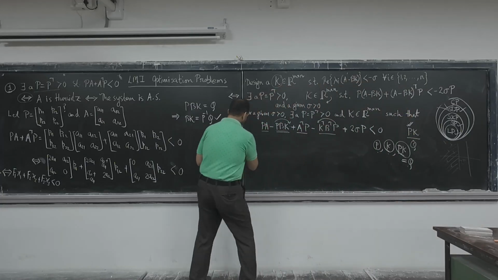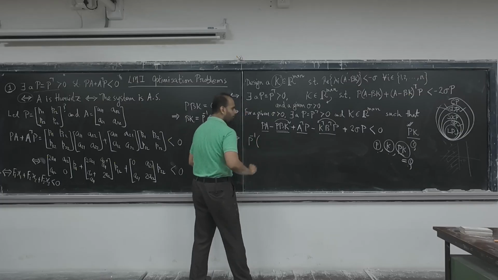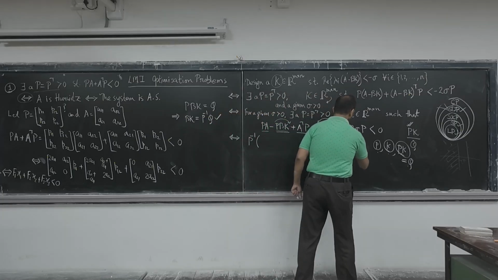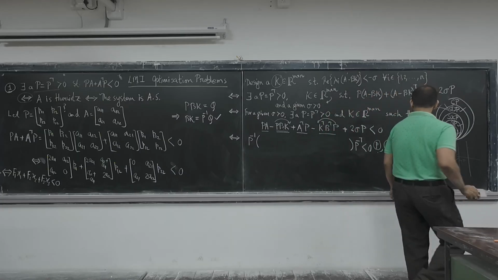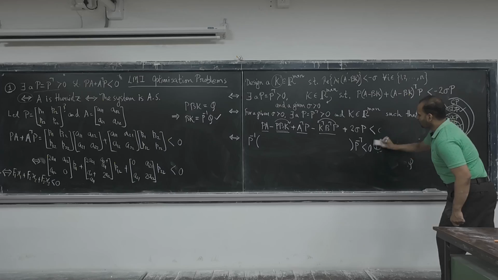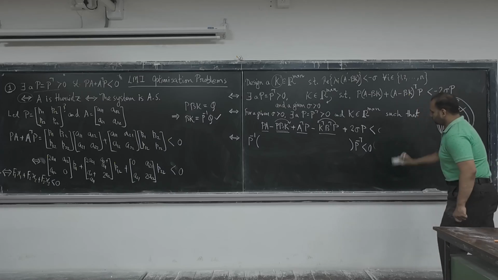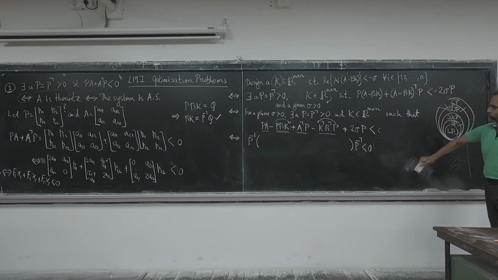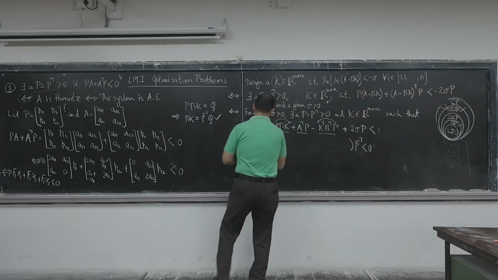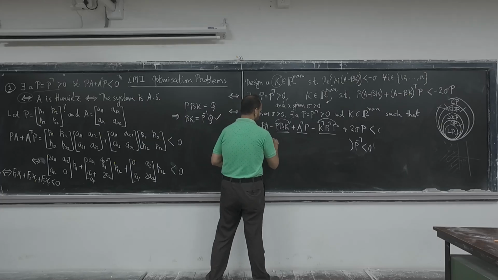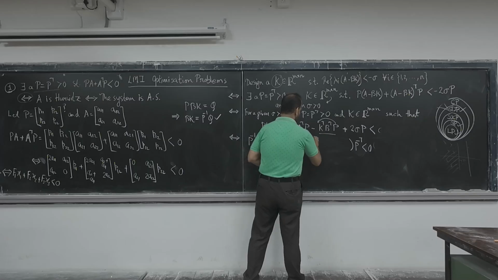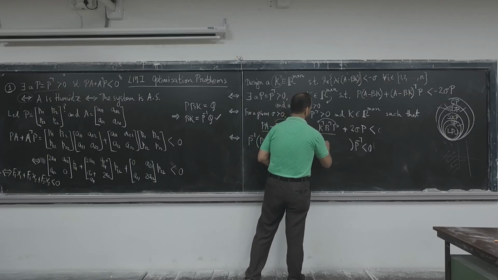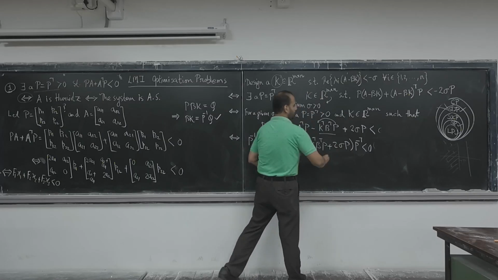What I mean is that I am going to pre- and post-multiply the whole thing by P inverse and P inverse transpose. Then what will happen?